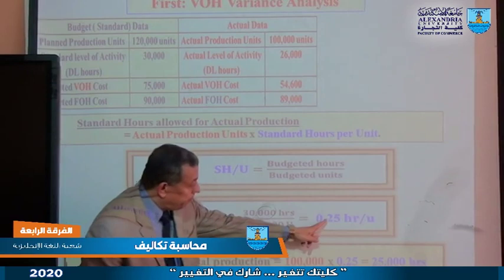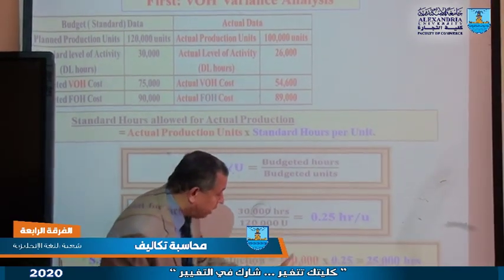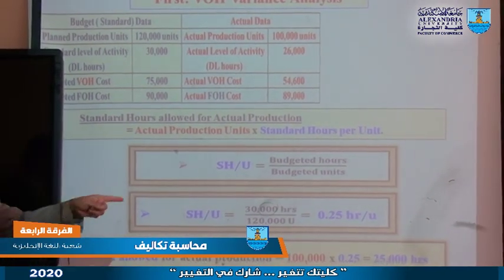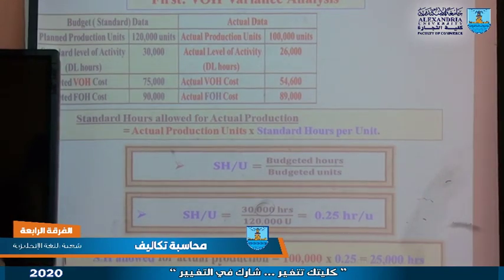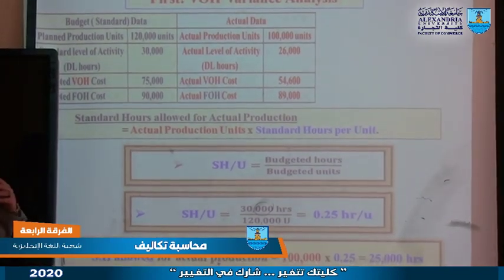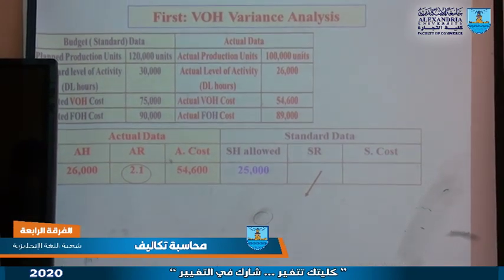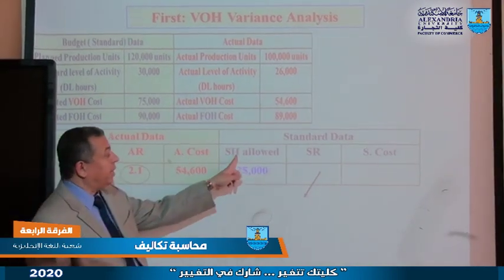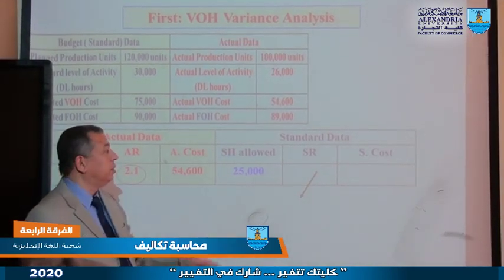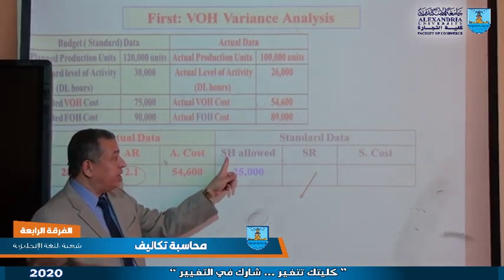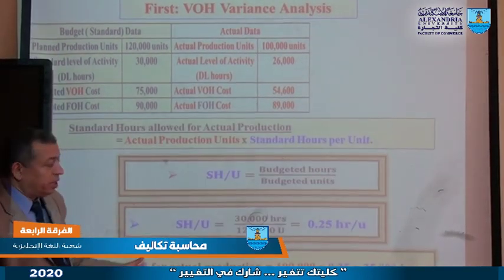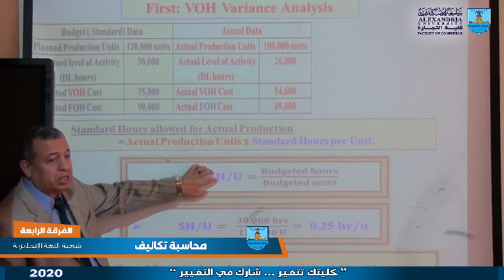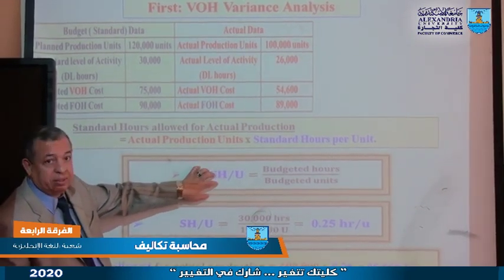After calculating the standard hours per unit, and having the actual production, I have the standard hours allowed. Go back to my table if you remember. This is my table. I have actual data, and I calculate using the equation the standard hours allowed. Don't forget: standard hours per unit is not given, but you have to calculate it.